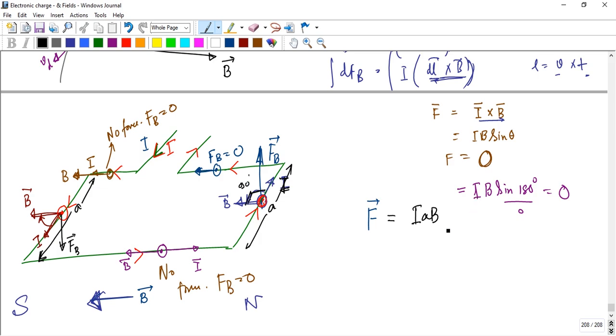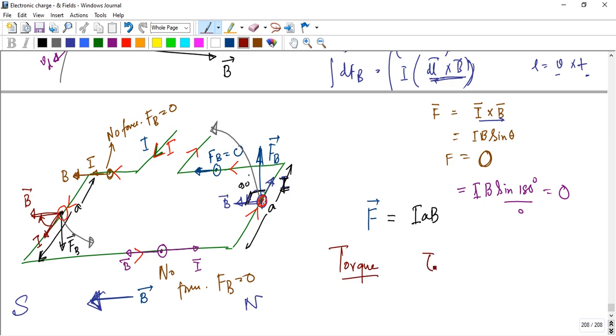Cos 0, sine 0 is 0, sine 90 is 1. Now there is a rotation, an anti-clockwise rotation. So there is a torque.